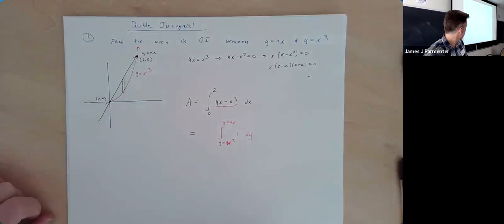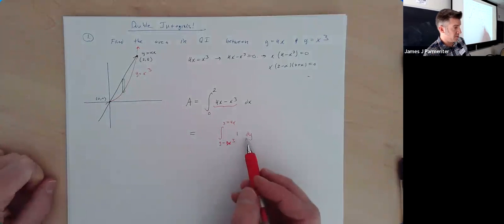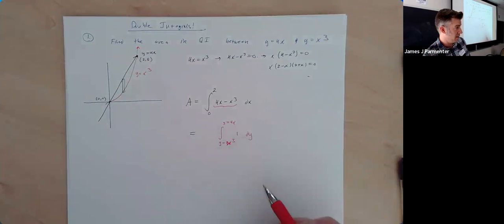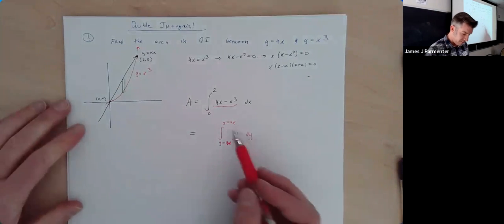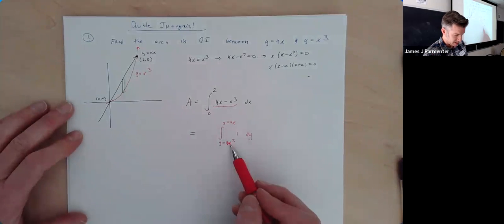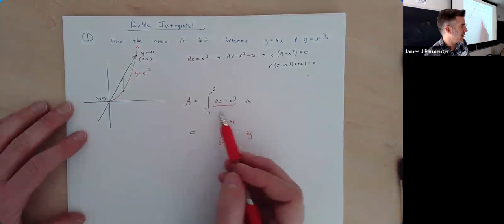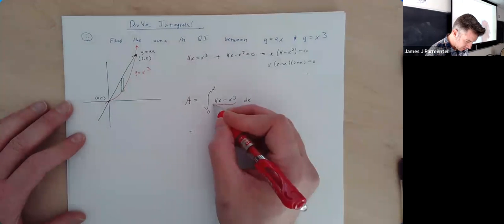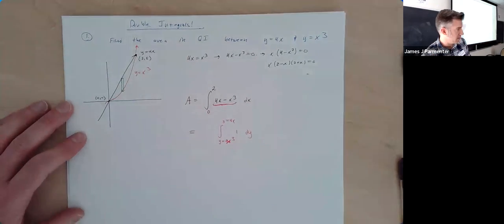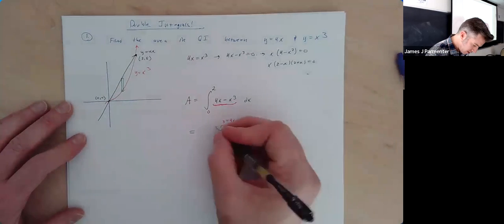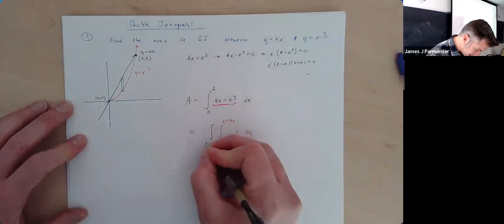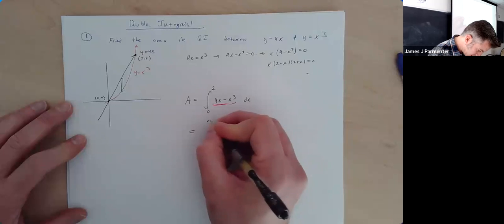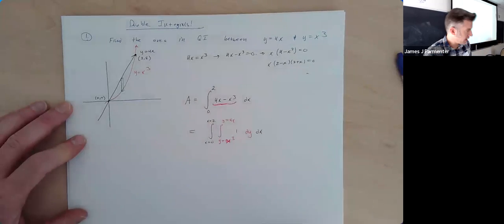Right? If you integrate 1 with respect to y, what do you get? y. If you plug in 4x first and then subtract and plug in x cubed, you exactly get this. So this integral in red really does represent what I've underbraced in red there. And then we would do the integral of that from x equals 0 to x equals 2 dx.